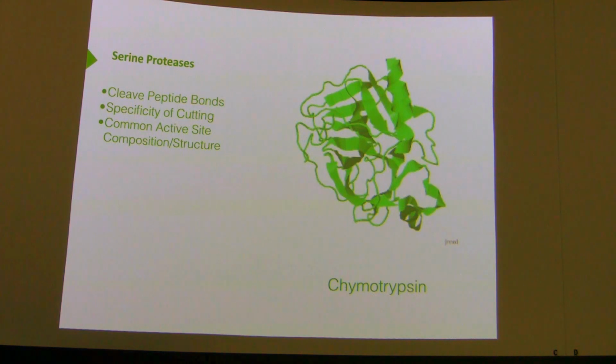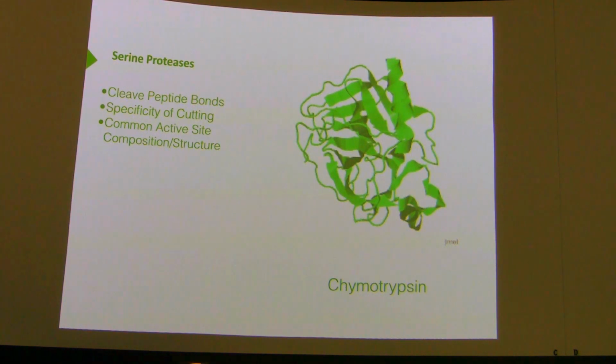So the serine proteases all have a common active site. They all have a common composition and structure. If I were to, for example, take the three-dimensional structure of trypsin and overlay it on top of chymotrypsin, you would see the two are almost, not quite, but almost identical in three-dimensional structure. Okay?